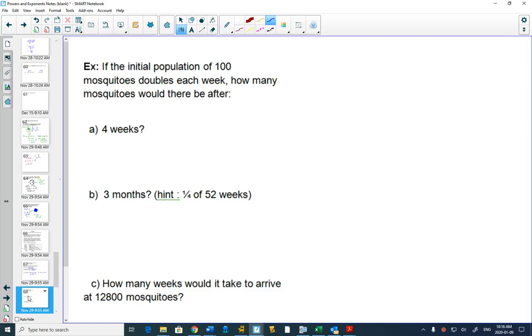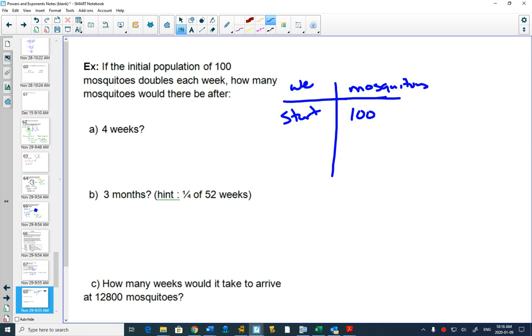We've got 100 mosquitoes, they double each week. How many mosquitoes would there be after 4 weeks? We start off with 100, sorry. After 1 week, how many mosquitoes are there going to be?